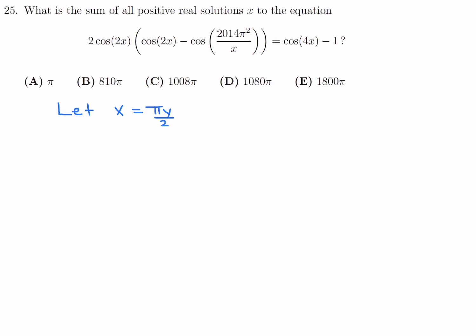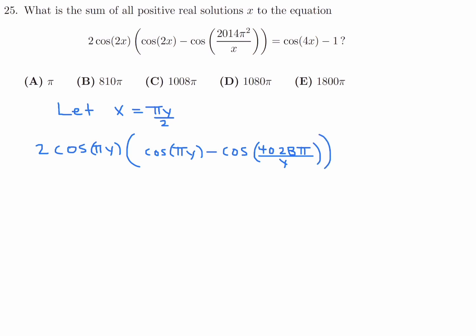And when you make that substitution, you get 2 cos pi y times the cos of pi y minus the cos of 4028 pi over y when you make that substitution. And on this side, it's going to be the cos of 2 pi y minus 1.